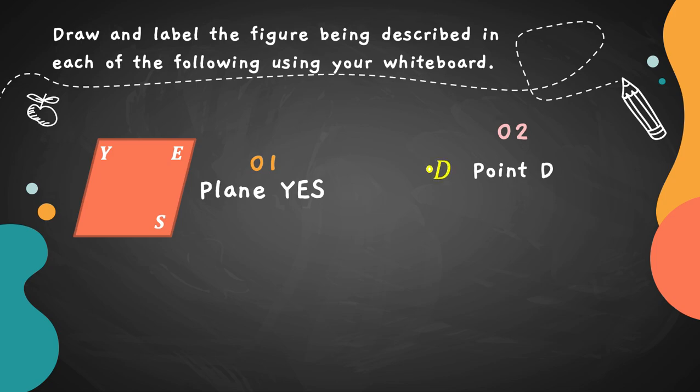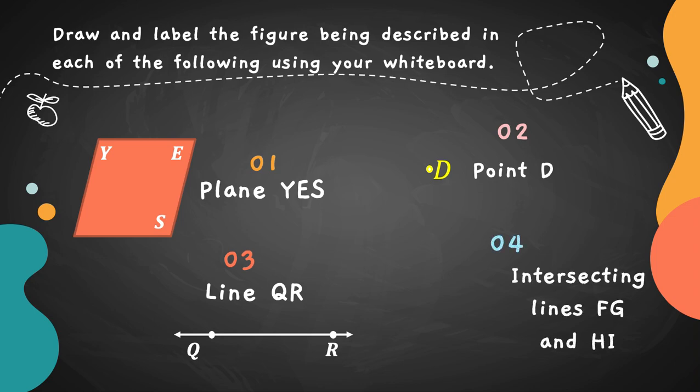Next, line QR: draw a straight line, be sure it has arrowheads, and put the two distinct points Q and R. And the last one will be intersecting lines FG and HI. Draw lines FG and HI, be sure they have arrowheads, and they meet at exactly one point.